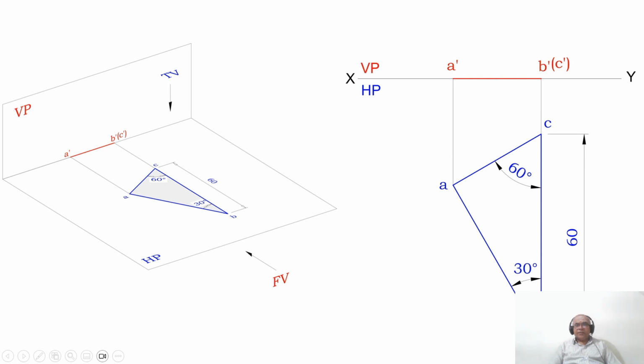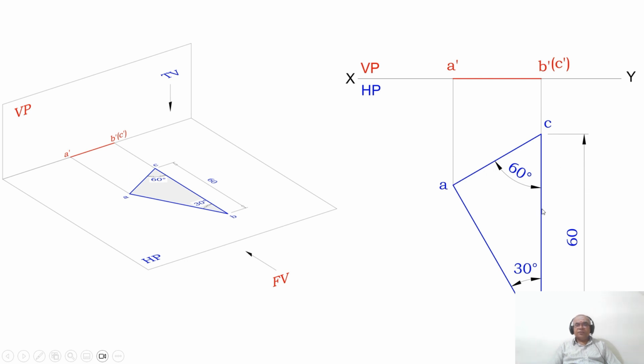Then using the protractor with B as the center and with respect to this vertical line BC, you measure an angle of 30 degrees with respect to BC. Then you mark the point. Through point B, you draw a line, and similarly with C as center with respect to this vertical line C to B, you measure 60 degrees by using the protractor in a clockwise direction, and you mark this point and join C, and draw a line through that 60 degree line.